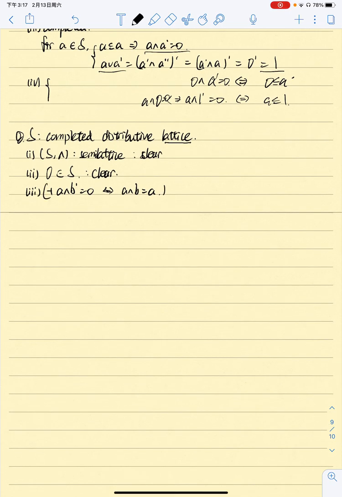For the first part, suppose A and B prime is 0, and we want to prove this. So begin with A. A is A and 1, right? And the 1 can be written as B or B prime. So distribute it: (A and B) or (A and B prime). Okay, this one should be 0. So we have A and B. So A equals A and B.